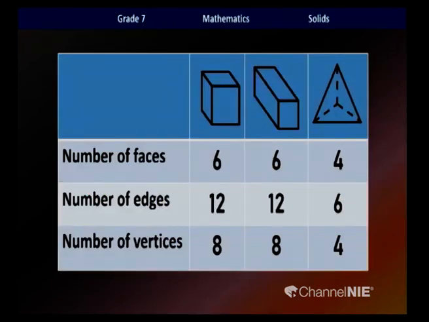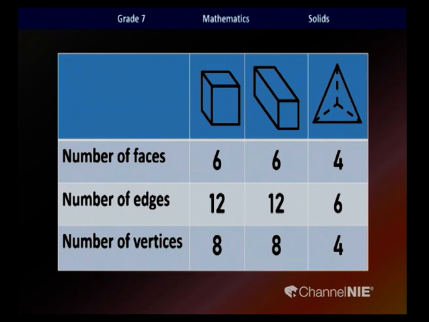Right. Now we'll summarize the things that we have learnt in grade 6. When we consider a cube, there are 6 faces, 12 edges and 8 vertices. When we consider a cuboid, we have 6 faces, 12 edges and 8 vertices.